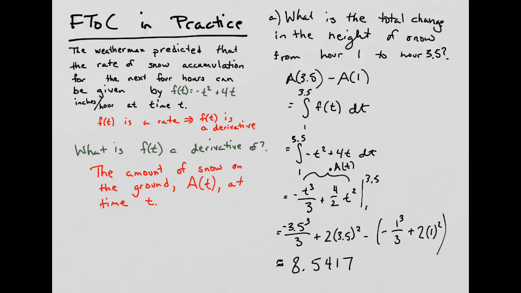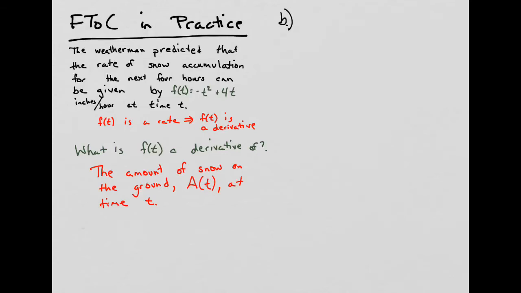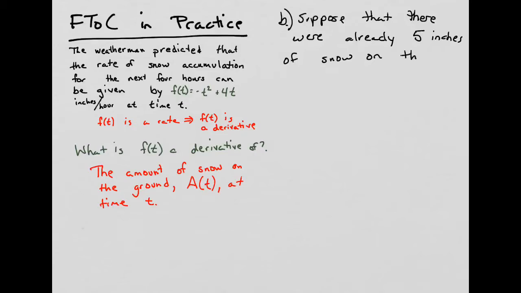It's very, very useful. Now, I'm going to erase this part A and all this work we just did, and I'm going to write a part B on the same page. And so, press pause. So, suppose that there were already 5 inches of snow on the ground when this all started.